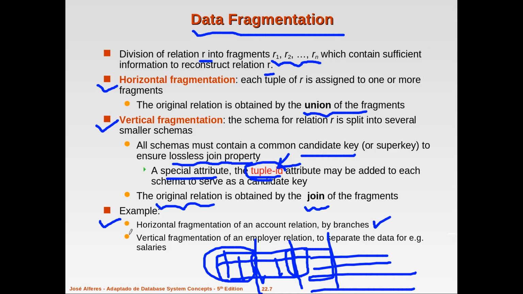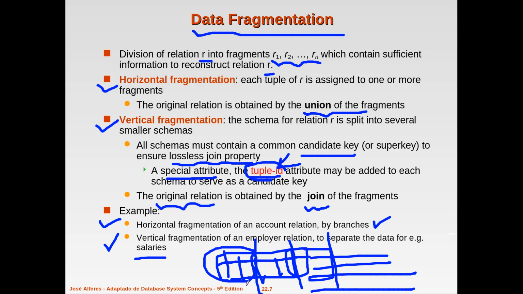Now for vertical fragmentation we will see one example where we need to separate the details of an employee in an organization to get only the salary details, meaning employee number and salary. Only the salary information is separated.